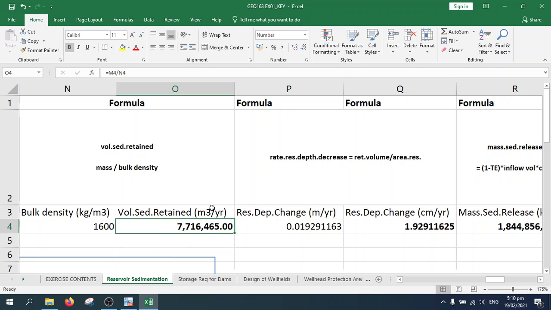If you need to design the dead storage or inactive storage capacity of your dam, all you have to do is just multiply this value by the lifespan of your dam.